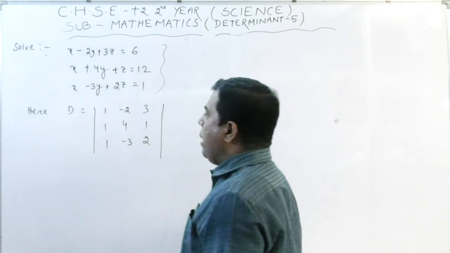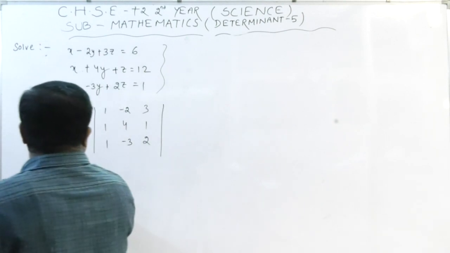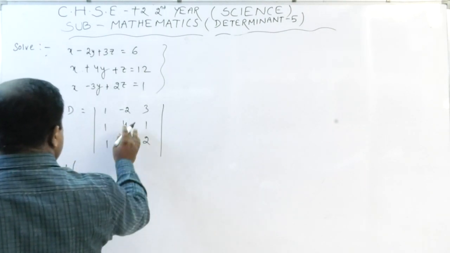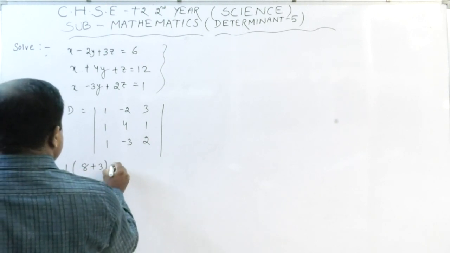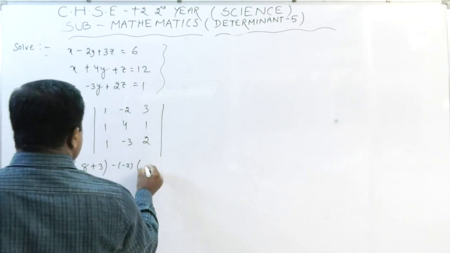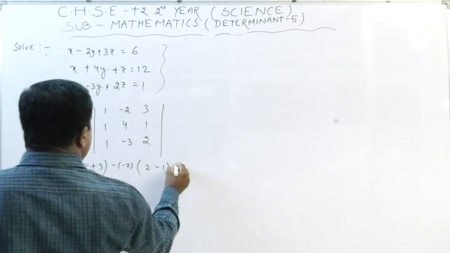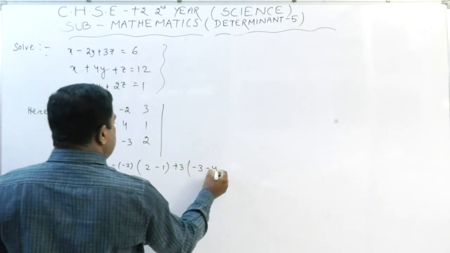Now we can evaluate D as 1 multiplied by, you can see the procedure, 8 plus 3, minus of minus 2 multiplied by 2 minus 1, again plus 3 multiplied by minus 3 minus 4.